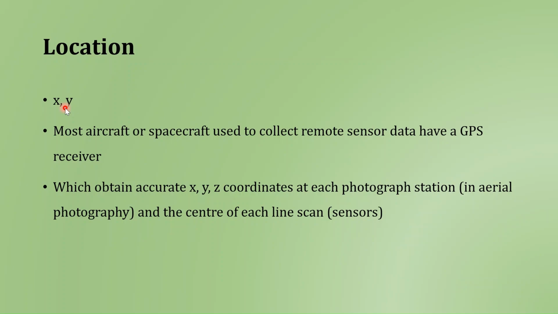During remote sensing data acquisition, most aircraft or spacecraft carry a GPS receiver, and this receives the information about XYZ coordinates accurately at each photograph station in case of aerial photography, and the center of each line scan when we are using the sensor. So this GPS receiver collects the geographical attributes of that particular satellite imagery.